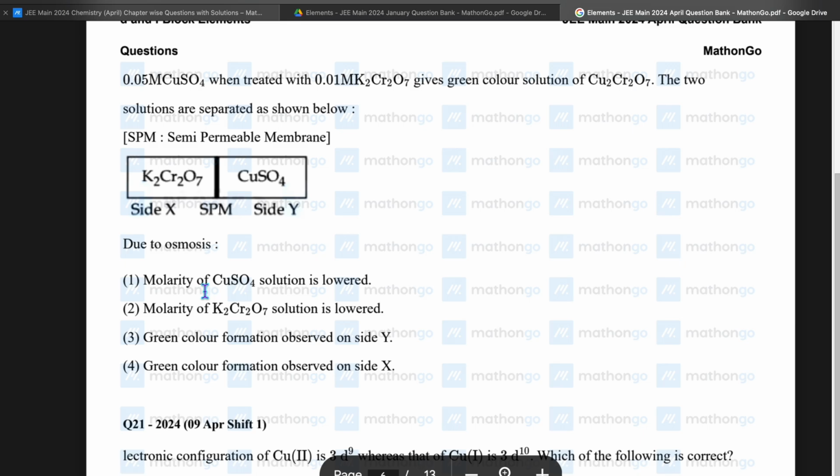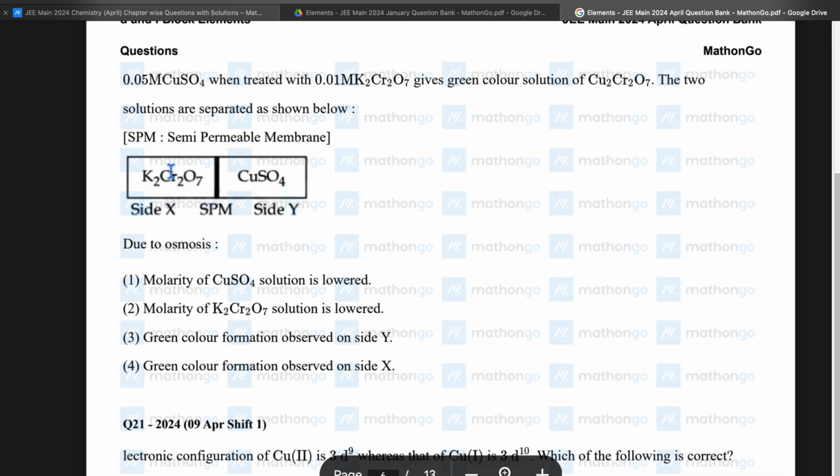Try చేయండి ఒకసారి. కాన్సంట్రేషన్స్ చెక్ చేయాలి. किसका कांसंट्रेशन ज़्यादा है? చెప్పండి. కాపర్ సల్ఫేట్ इज 0.05 मोलार కాపర్ సల్ఫేట్ है and 0.01 मोलार K2Cr2O7.